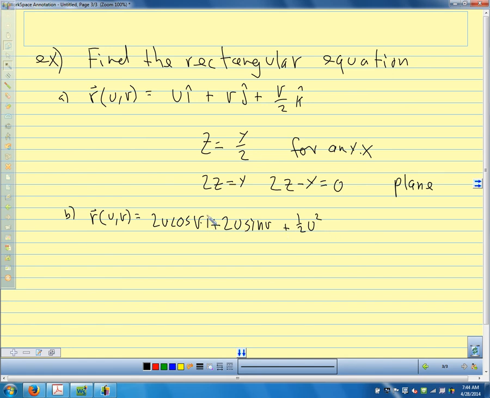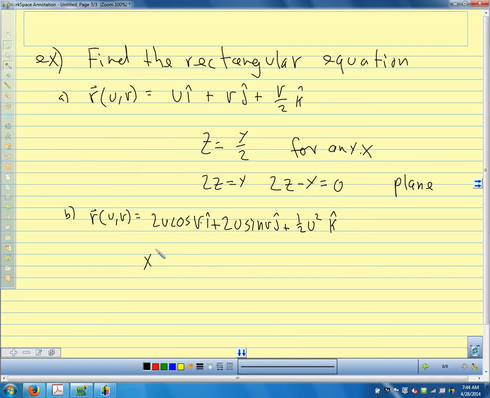This should be an i hat, a j hat, and a k hat. So what would we want to do here? Square the i and j.